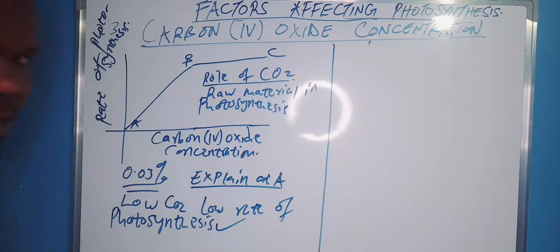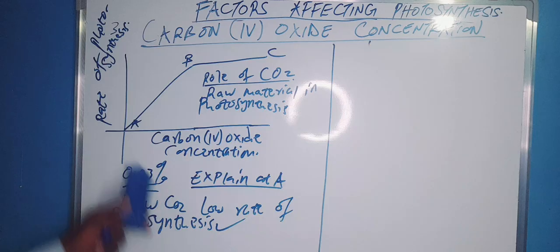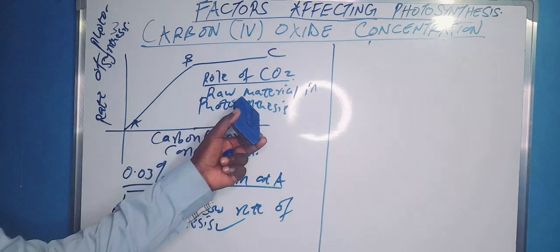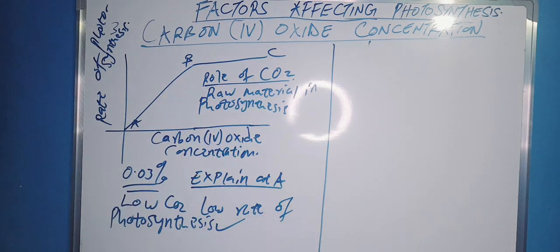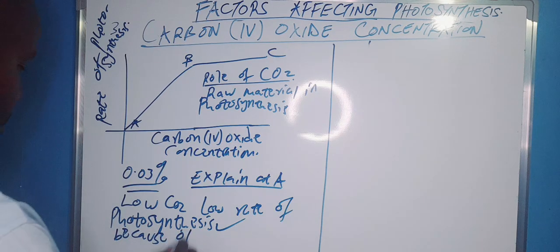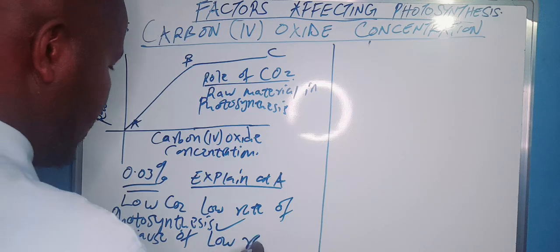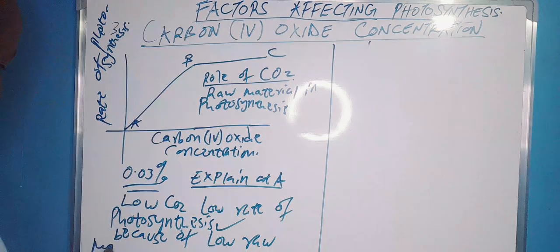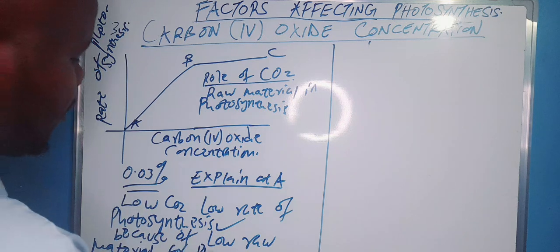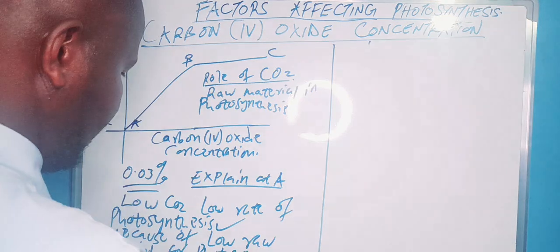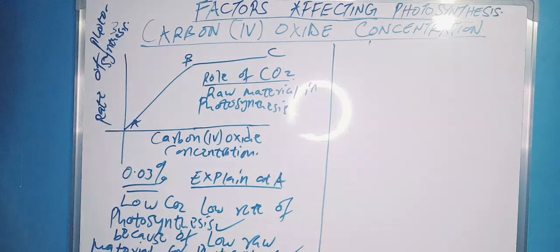You get your mark. From that point, you just give the reason based on what you said was the role. And the reason is low raw material for photosynthesis. And that is where you get your second mark.